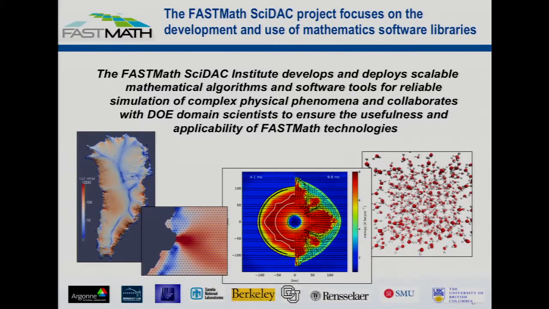And so we're particularly interested in the simulation of very complex phenomena. And we're interested in doing it on the machines that are available today and getting ready for the machines that are going to be available in 3 to 5 years. And so that's really where FASTMath's sweet spot is.